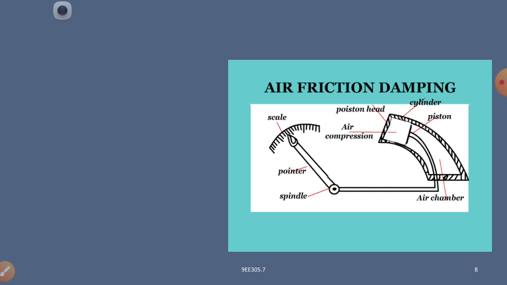So it is nothing but opposes the deflecting torque. Once it moves in one direction, the suction is created, and once moving in this direction, compression of air takes place. In either direction a force is developed. This force is in addition to the controlling torque, then the pointer will stop at that final position. Okay, this is the mechanism. You can see the analysis.